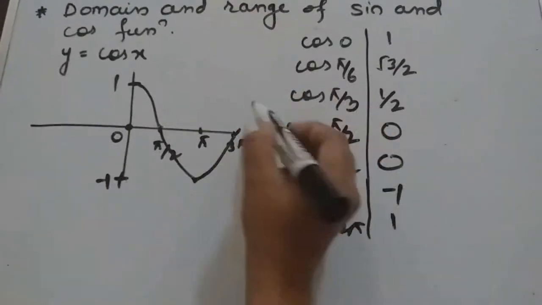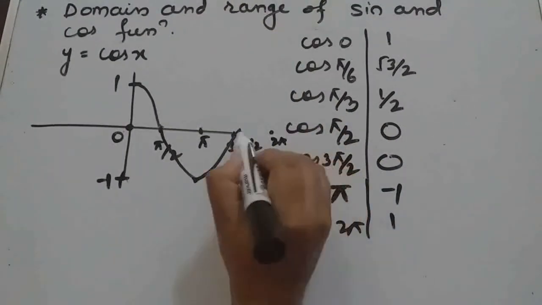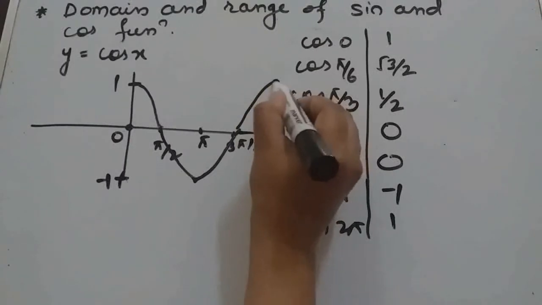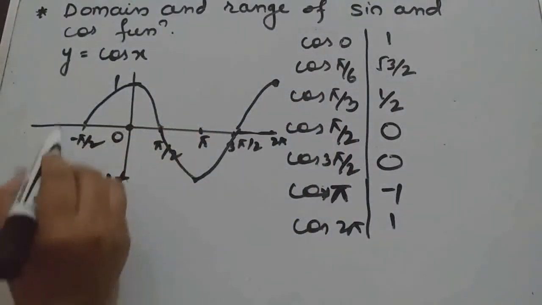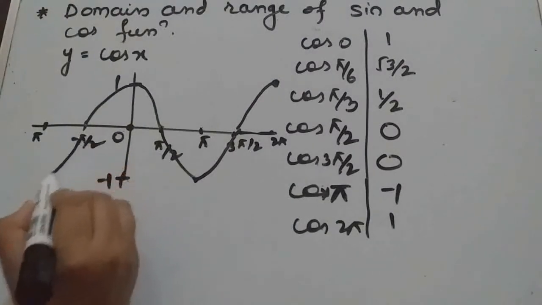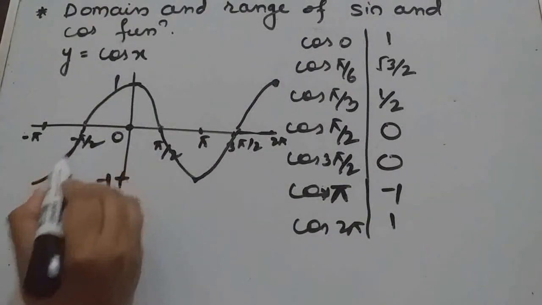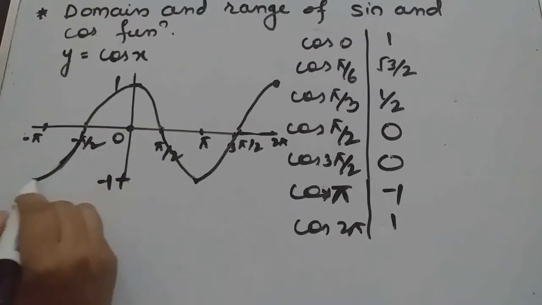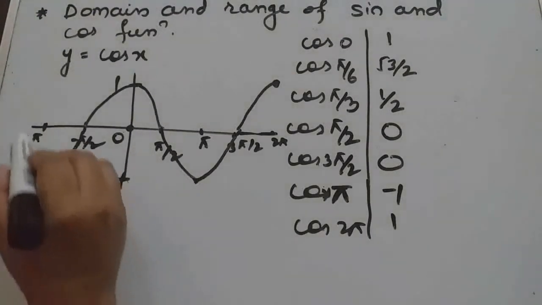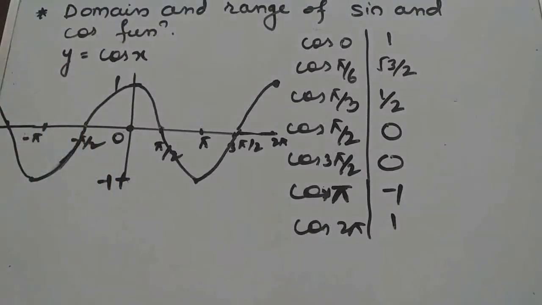Then we have 2 pi, so it will be 1, okay. Likewise here also it will come: minus pi by 2 means 0, then minus pi means minus 1. Like this it will go on. So this is the graph of the cos function.